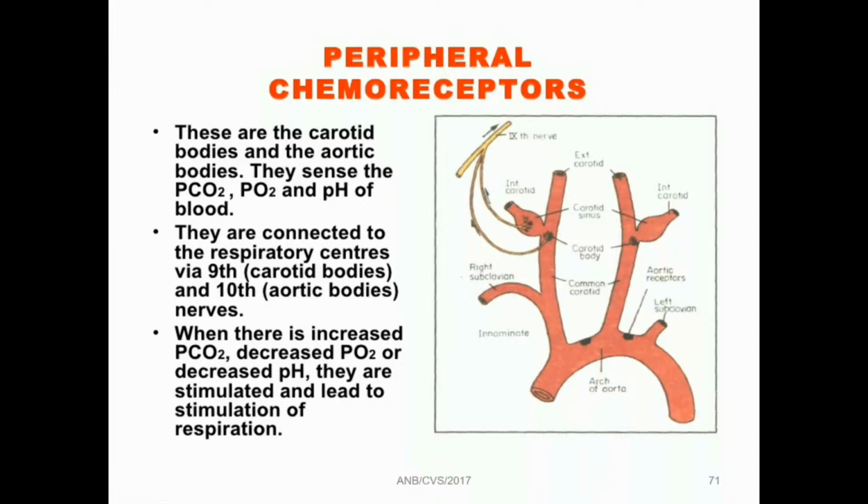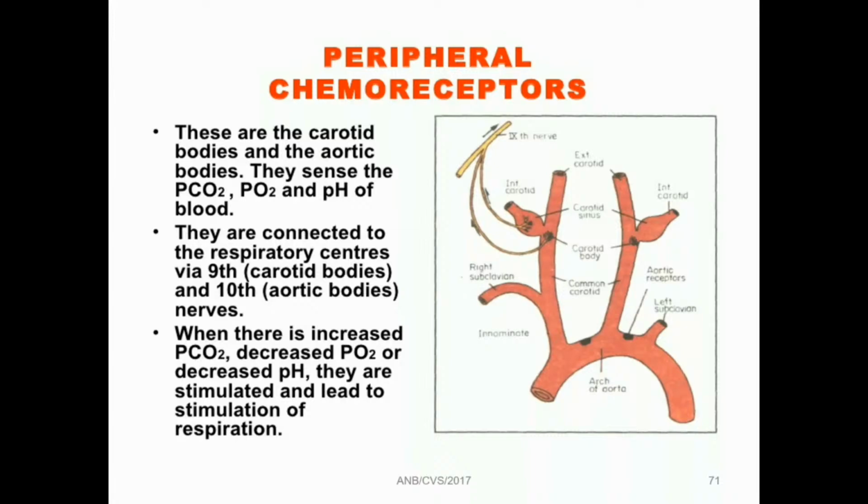Next, these carotid bodies and aortic bodies sense the change in the partial pressure of carbon dioxide or oxygen and the pH of the blood. Remember, they have the ability to recognize the change in the partial pressure of carbon dioxide and of oxygen, and the change in the concentration of hydrogen ions, or pH.